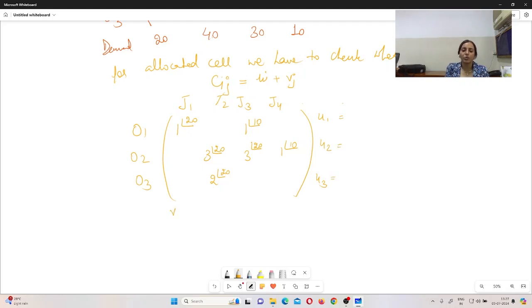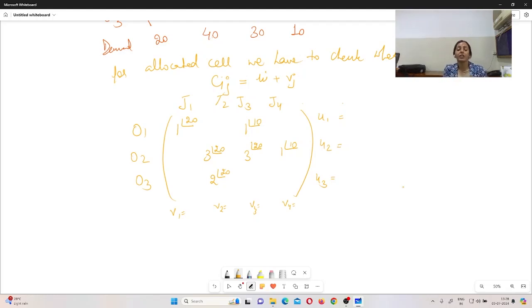And over here, we write V1 is equal to, V2 is equal to, V3 is equal to, and V4 is equal to, right? Now what we have to do, first select the row or column having the maximum allocation. So check it one by one. In the first row, we have given 2 allocations. If I'm talking about the second row, we have given 3 allocations. If I'm talking about the third row, we have only 1 allocation. Check it also column wise.